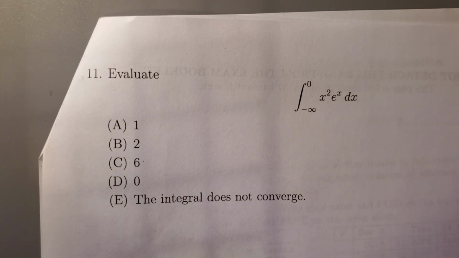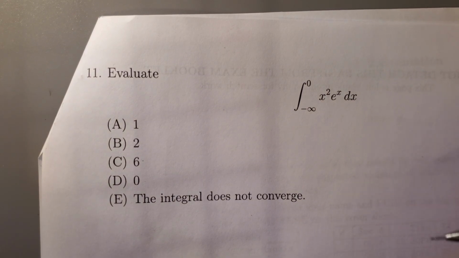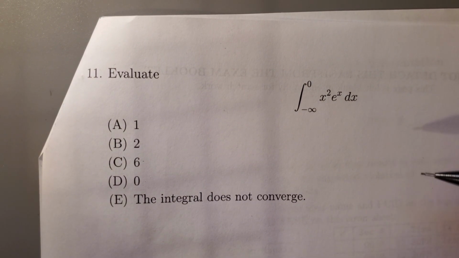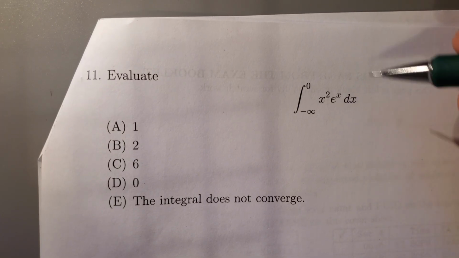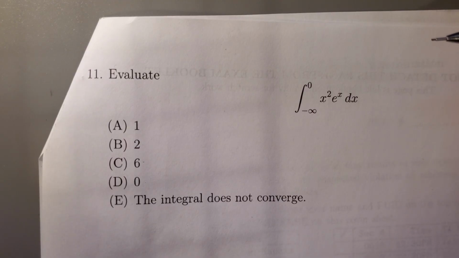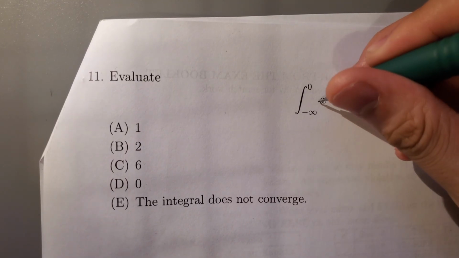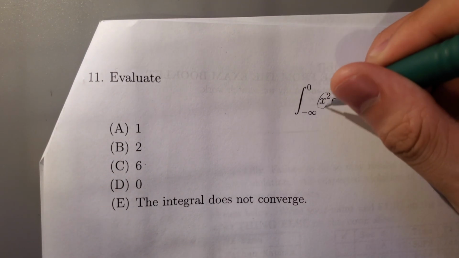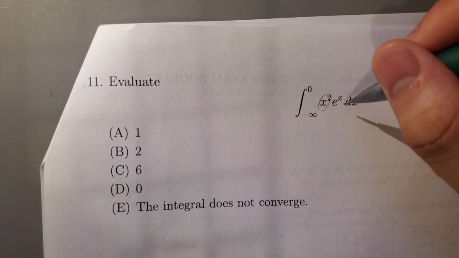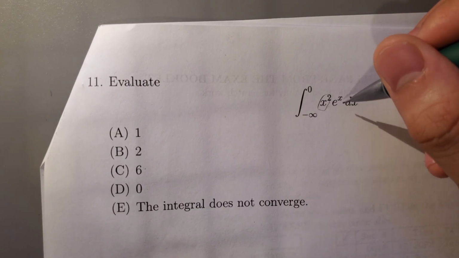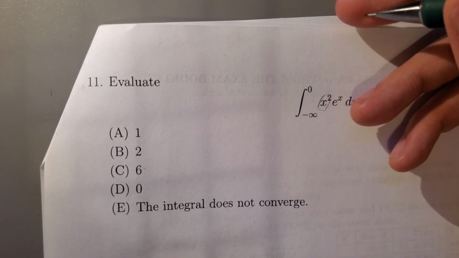Number 11, evaluate the integral of x squared times e to the x dx from negative infinity to 0. So I know right off the bat that this is an integration by parts type of integral, because we have a part here that is going to differentiate to 0 with enough derivatives, while integrating or differentiating e to the x is going to stay the same.